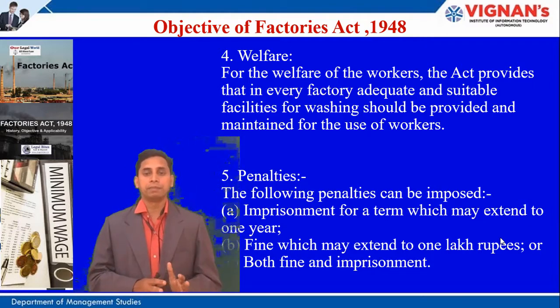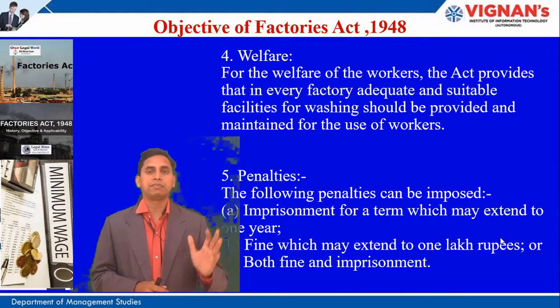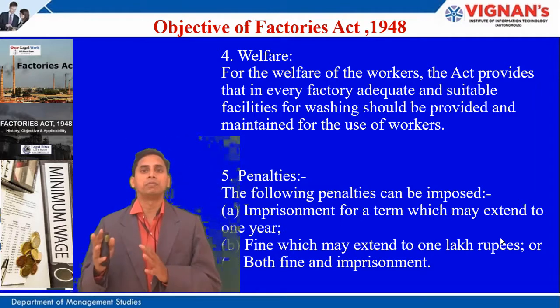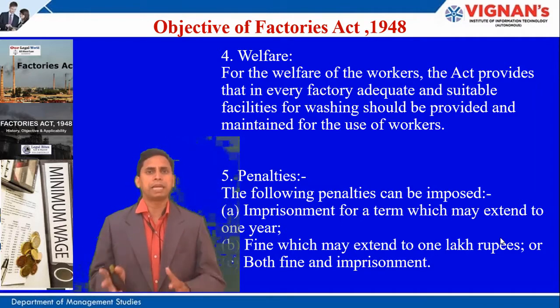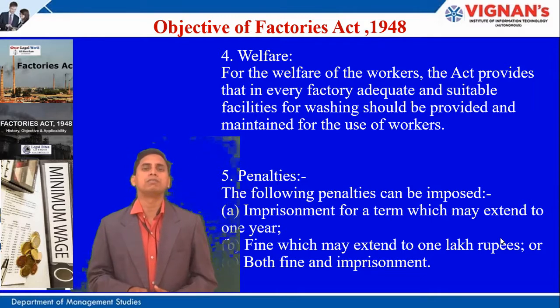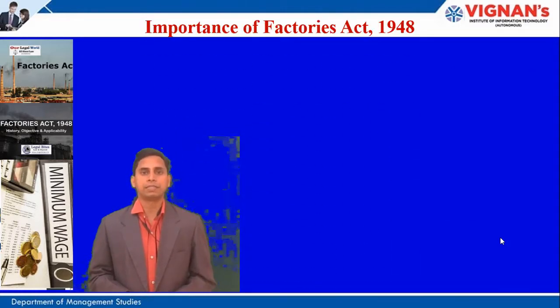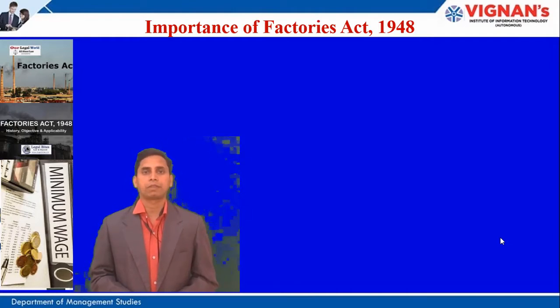Then there is a fine, which may extend to as much as 1 lakh rupees. Sometimes both fine and imprisonment may be imposed based on the severity of the incident. So these are the different objectives of the Factories Act 1948.